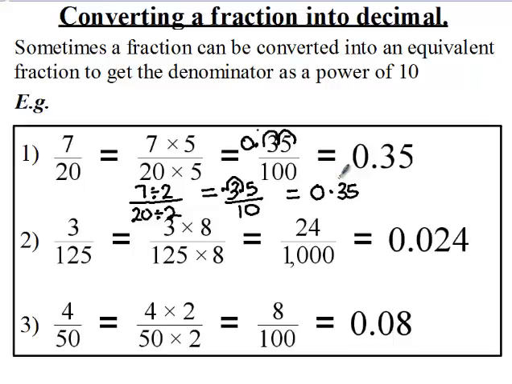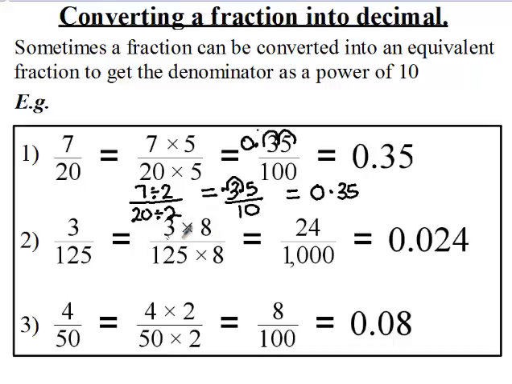So let's move on to the second example. We have 3 out of 125. So what can we do to 125 to get a power of 10? We can multiply by 8.